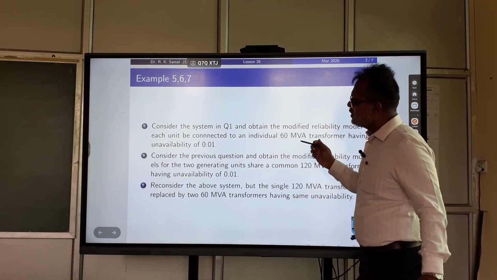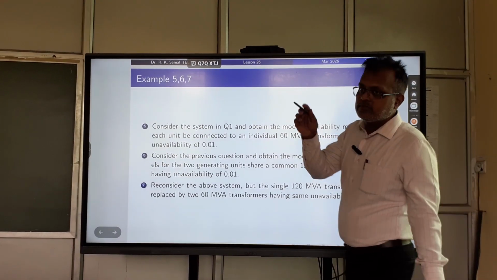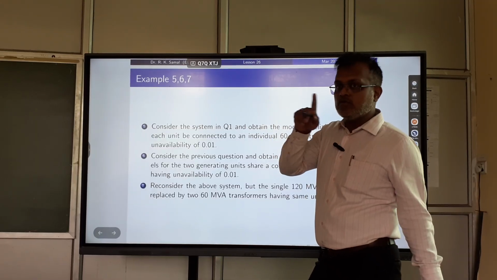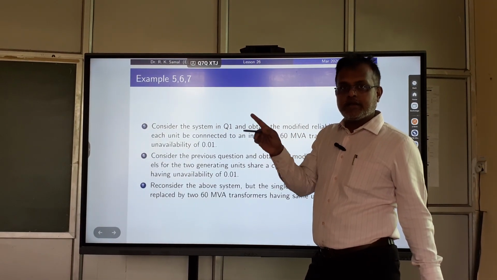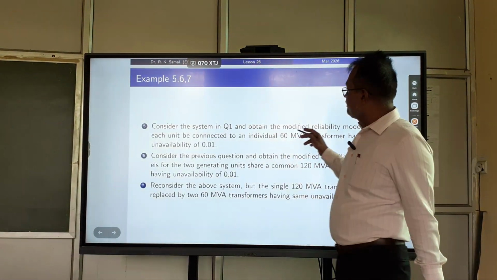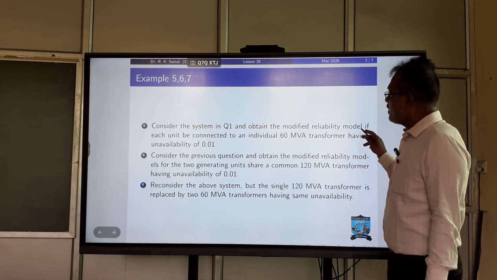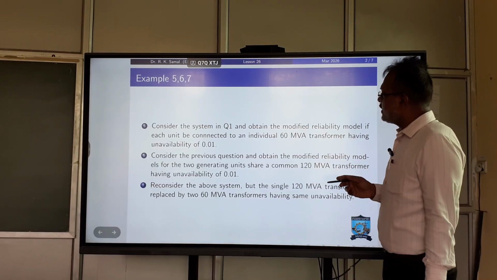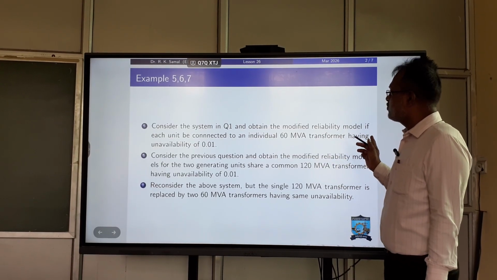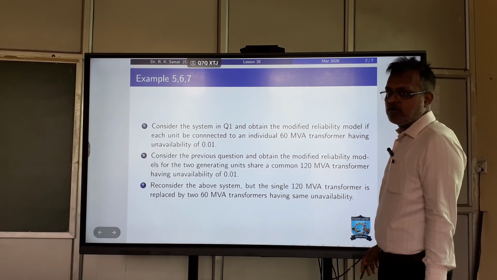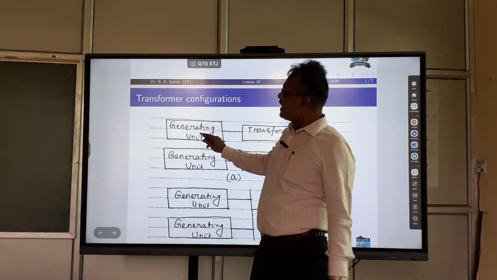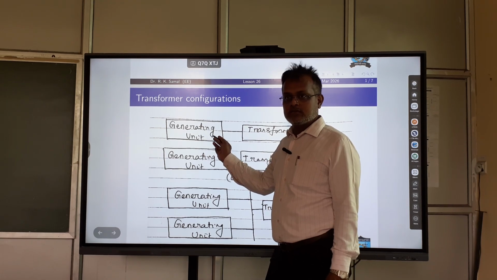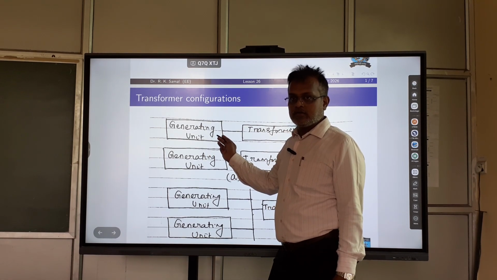Consider the system in question number 1. That means the generator single-unit model, boiler and generator connected. Obtain a modified reliability model in which each will be connected to an individual 60 MVA transformer having an availability of 0.4. So that means here our generating unit has one boiler, one generator.